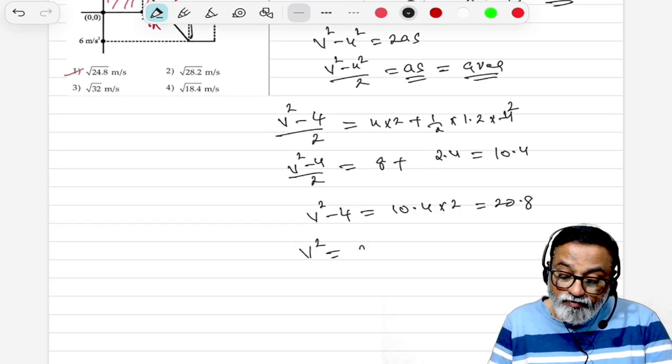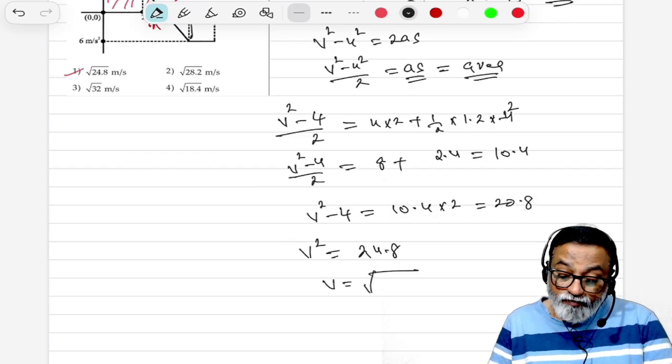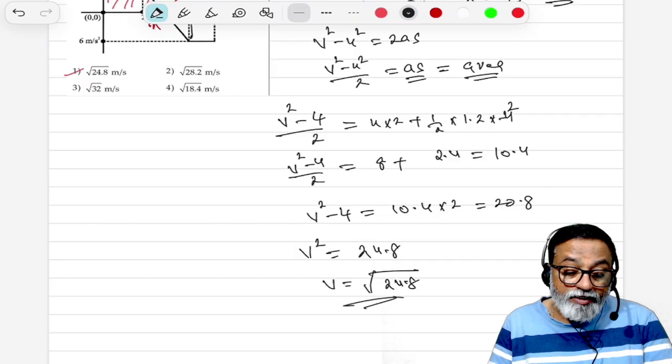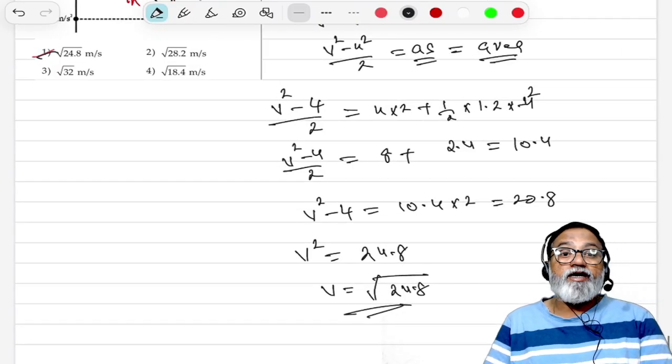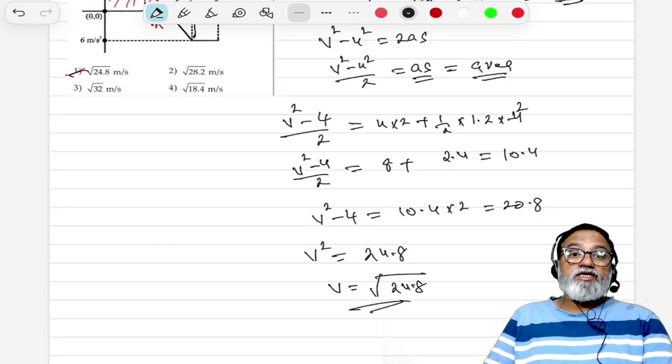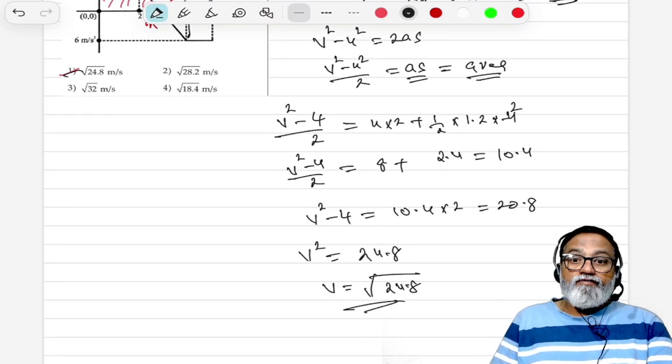Therefore, v square is equal to 24.8. v is equal to square root of 24.8. Therefore, answer A is correct. See, these are the problems from day 5.